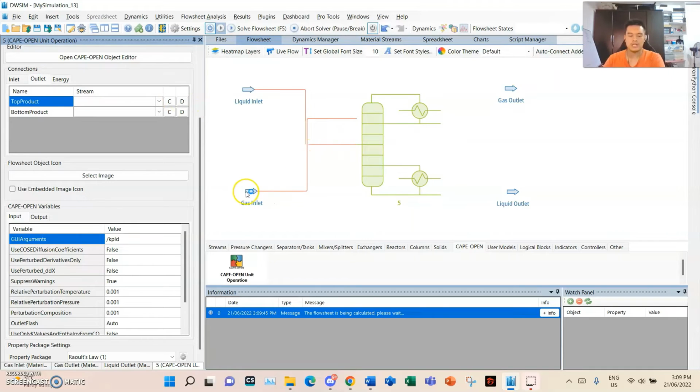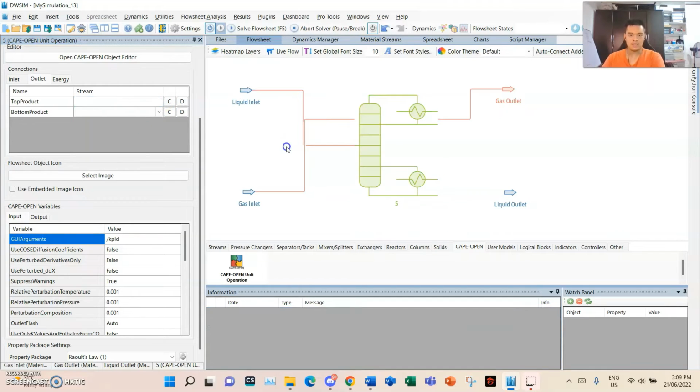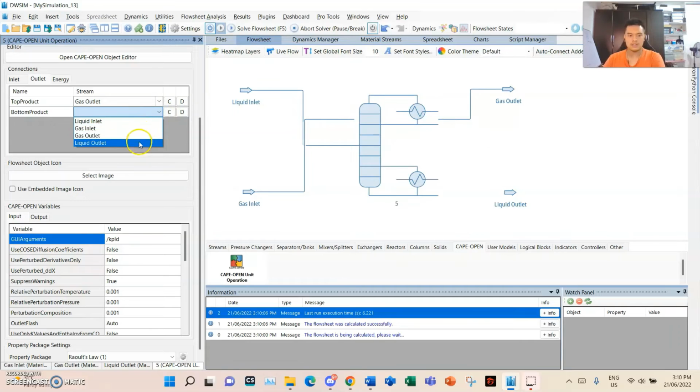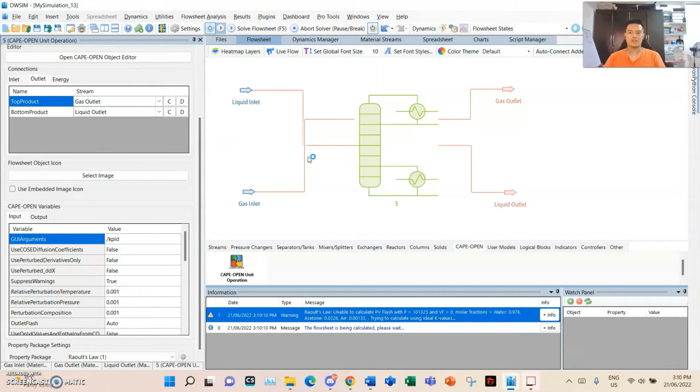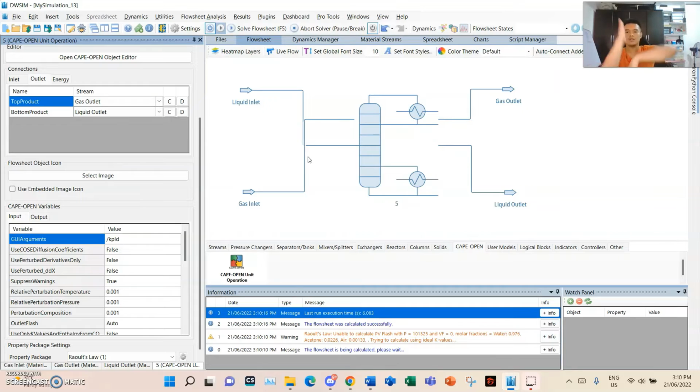The top product is the gas, since gas flows from bottom to top. Gas outlet. And then the bottom product, liquid flows from top to bottom. So liquid outlet. Since they perform countercurrently, it is like this visually.